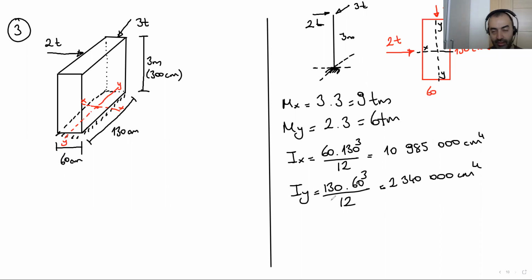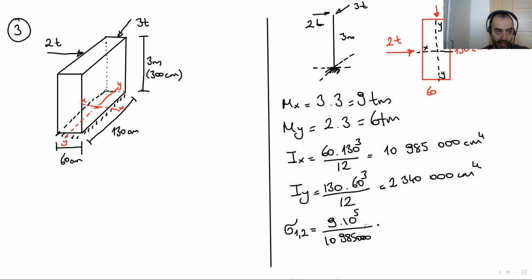Under these 2 loadings, we have double axis bending, as you can see in the system. So we are going to use the double axis bending equation. Let's write the equation here, M1, M2. We are going to calculate both of them. The moment, let's convert it to kilogram centimeter with power 5. This is the moment of inertia.